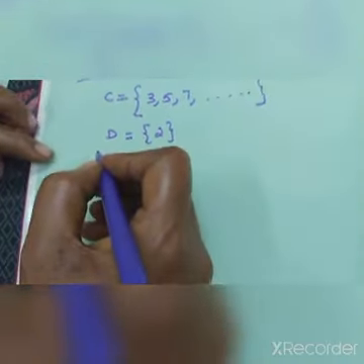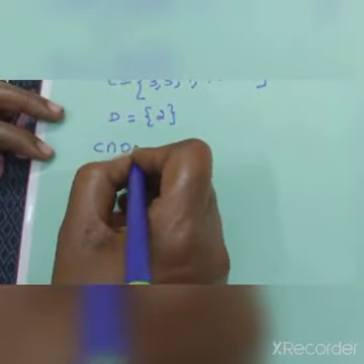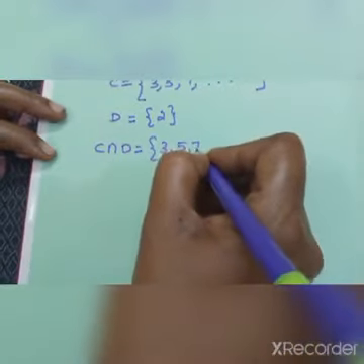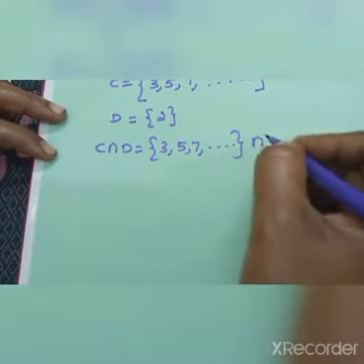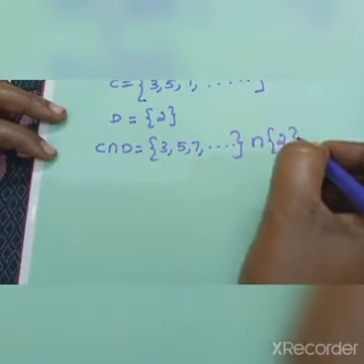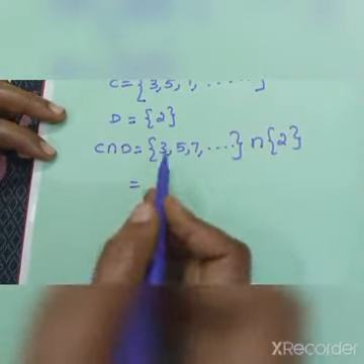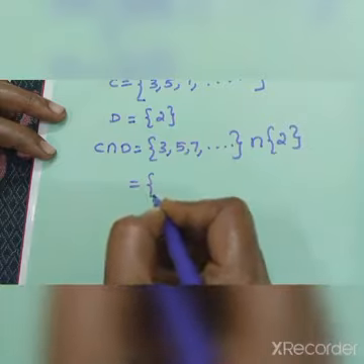So for that we have to find out C intersection D. C is {3, 5, 7, etc.}, intersection D set is {2}. Now check whether there are any common elements in both the sets. No. Okay, so empty set.